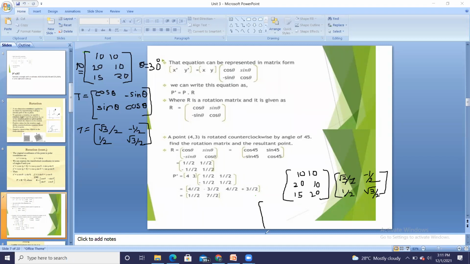So the solution you are going to get is 10 into root 3 by 2 plus 10 into 1 by 2. So 5 plus 5 root 3, yes, 5 plus 5 root 3.